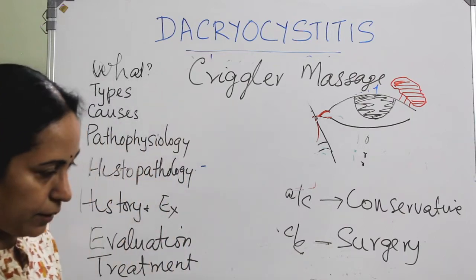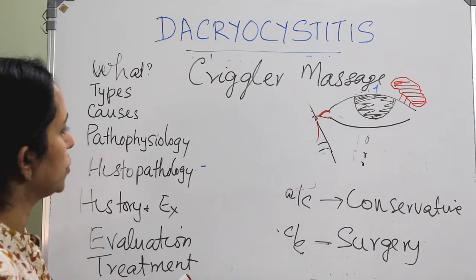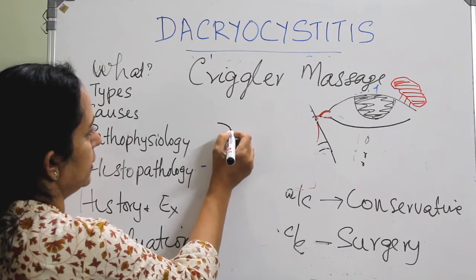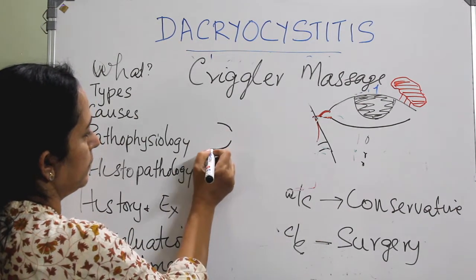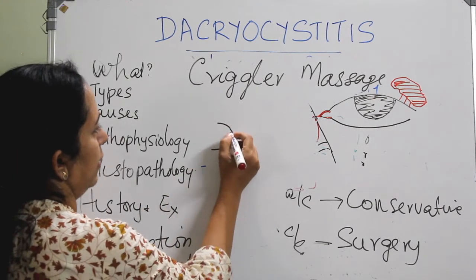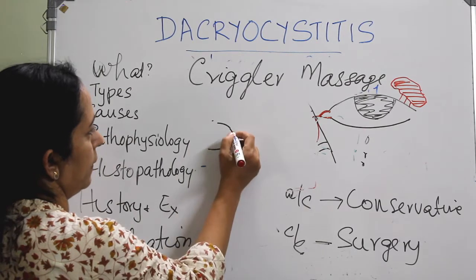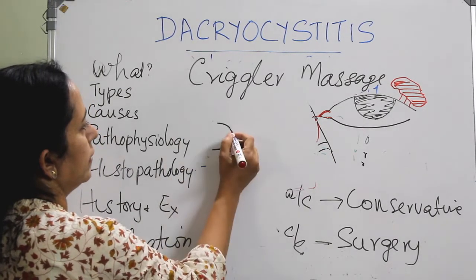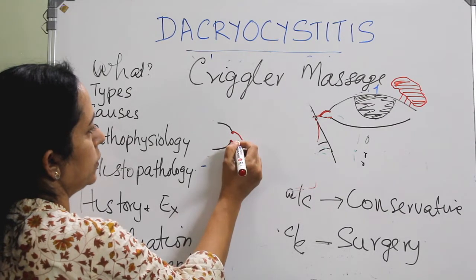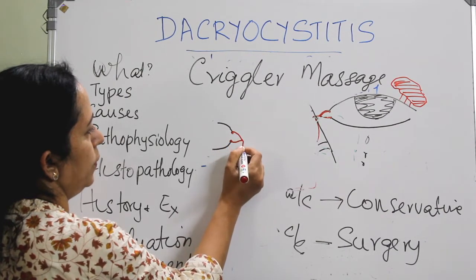And how will you do that? So I'll make a diagram on the right eye. This is the orbital rim, and the upper punctum, lower punctum, upper canaliculus, lower canaliculus, and the common canaliculus.